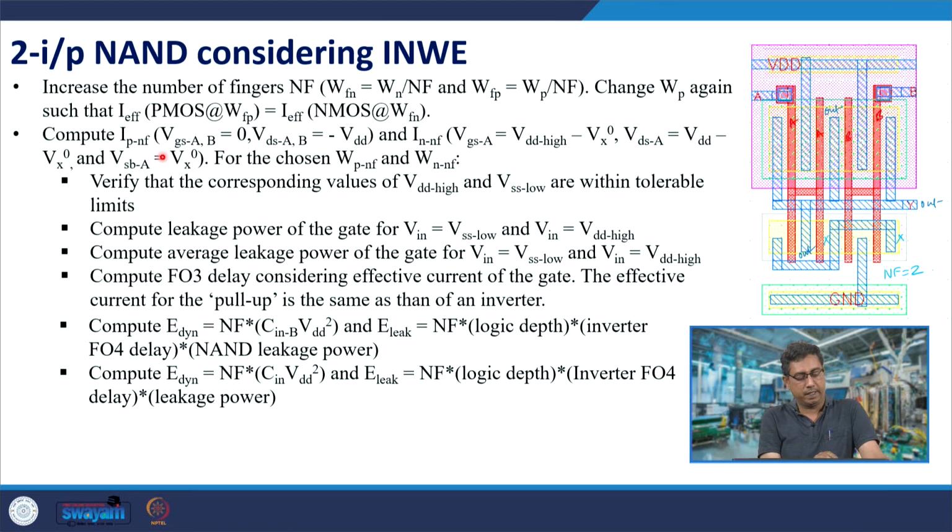You will increase it till the effective current of the P MOSFET equals that of the N MOSFET, like you did in the inverter's case. Now, for each finger, you will calculate the leakage current as we have done in the single finger case. For the chosen values of these finger widths, you would again verify whether VDD high and VSS low are within the limits set by the specifications, and then compute the leakage currents as we did for the single finger case, and compute the average leakage power by taking the average of the input 0 and input 1 leakage powers.